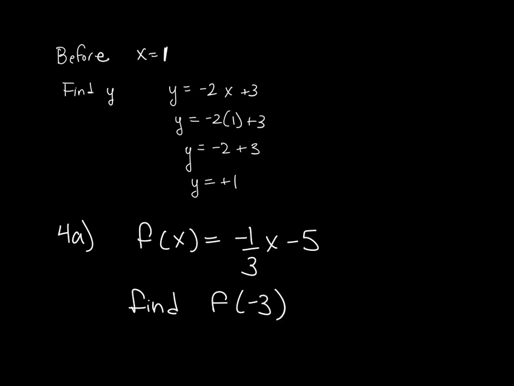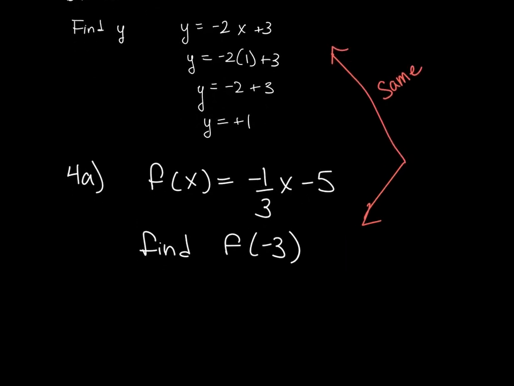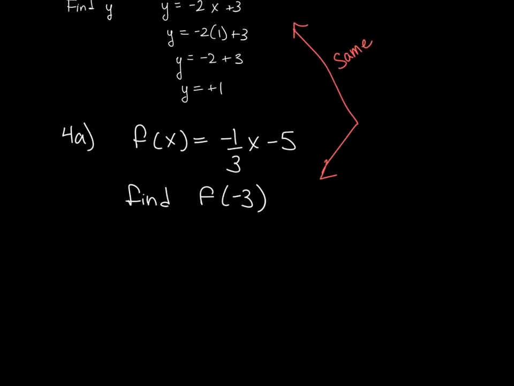So do know that this question, those two are exactly the same. It's just using a different language. That's all. So this is really saying plug in and let x equal -3.